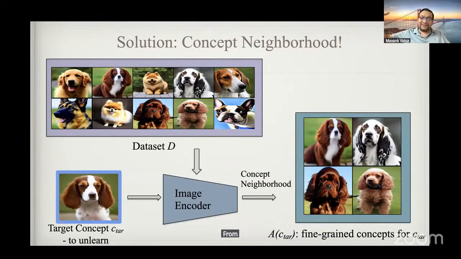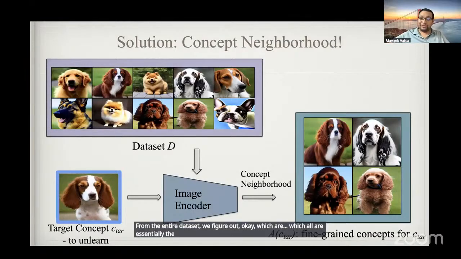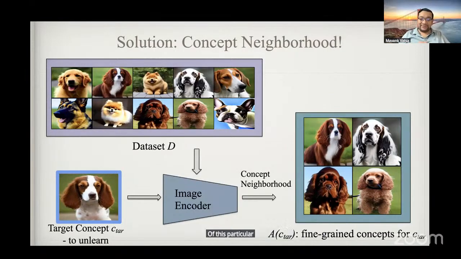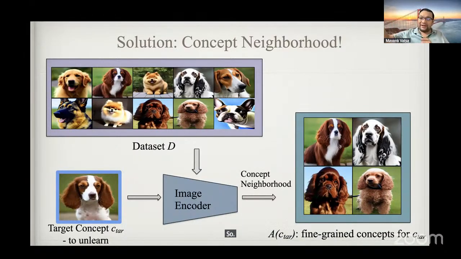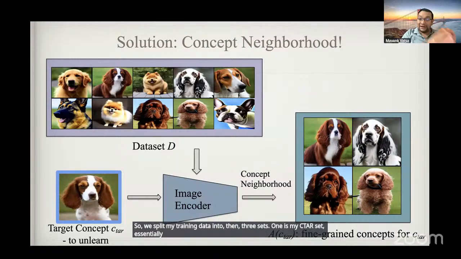From the entire data set, we figure out which are the concept neighborhood of this particular concept C_TAR. So C_TAR needs to be unlearned. We need to figure out which are the closest neighbors, as well as the other neighbors, which are our other set, essentially the coarse set. So we split my training data into three sets. One is the C_TAR set, essentially the unlearn set. The retain set essentially is two parts.